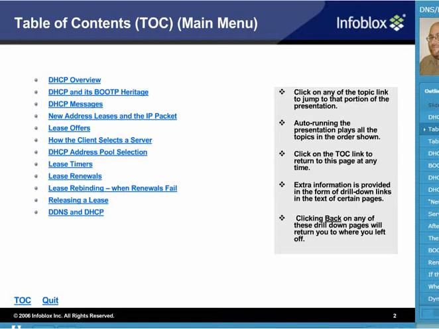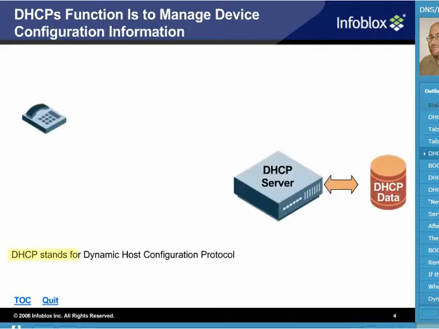This presentation discusses the introductory issues of DHCP, including the IP packet structure, DHCP messages, leases of IP addresses to clients, and DDNS. The Dynamic Host Configuration Protocol, or DHCP, automates the process of configuring new and existing devices on IP networks.